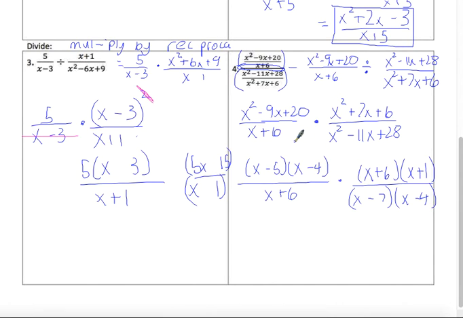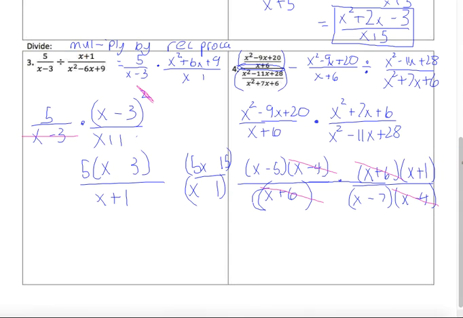And then from here, we can go ahead and start seeing our common factors. We can, because remember, this whole thing is now just one big fraction, and everything is multiplied. So we have a common factor of x minus 4 and a common factor of x plus 6.